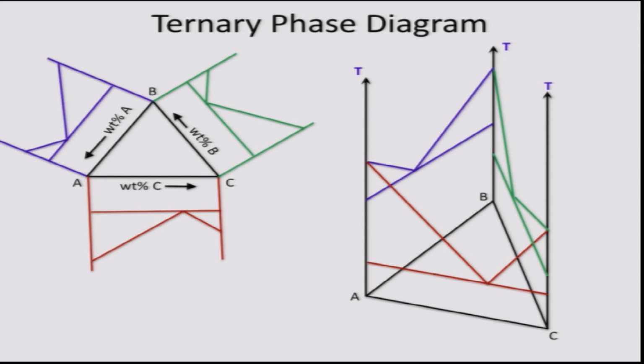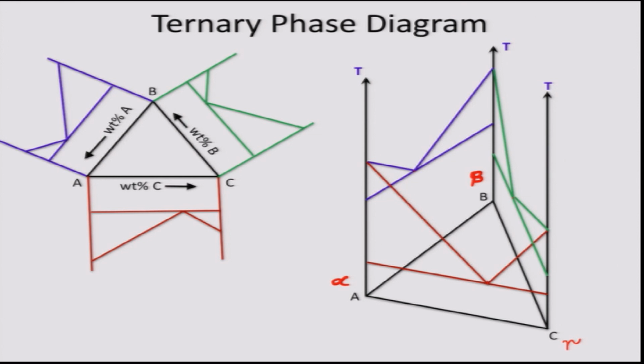The 3 solid solutions, alpha which is basically pure A, beta which is pure B, and gamma which is pure C. And the 4th phase is liquid. We can see there are 3 eutectic points, one for AB, one for BC, and one for AC here.